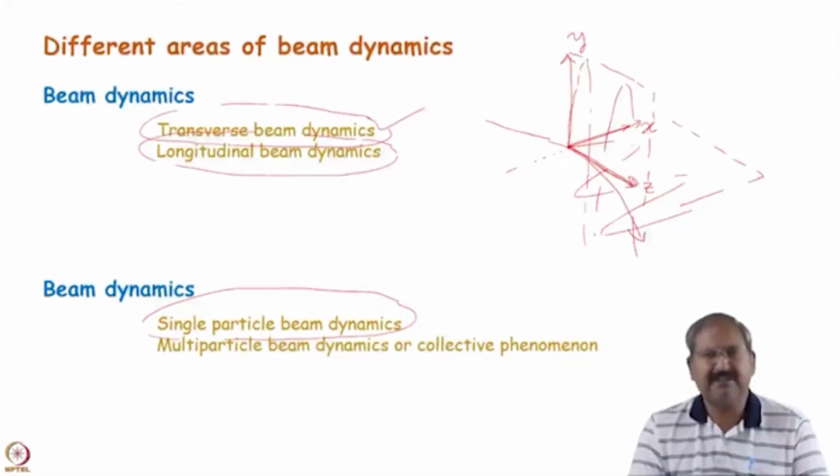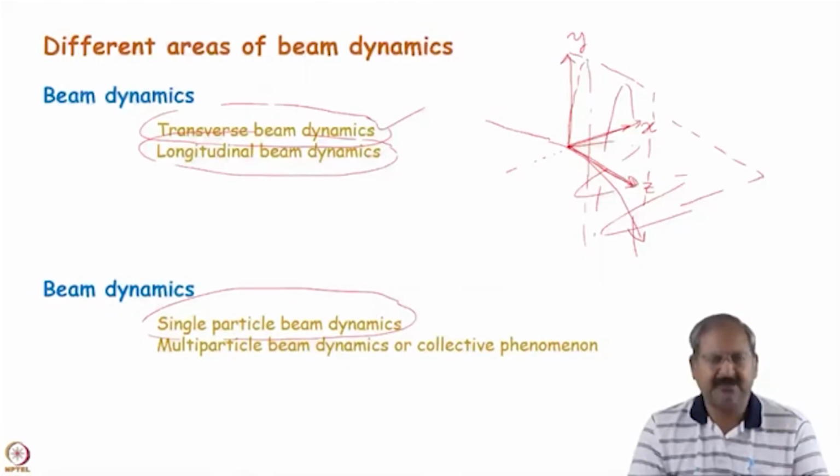In single particle beam dynamics, the presence of one particle doesn't affect the motion of the other particles in the beam. Means we have a collection of particles in the beam, but each particle sets its own trajectory without being affected by the other particles of the beam.